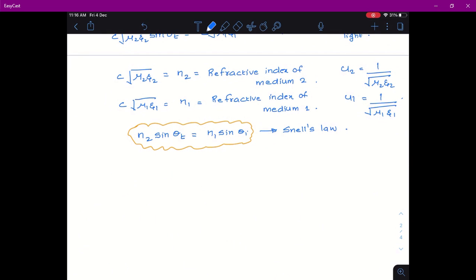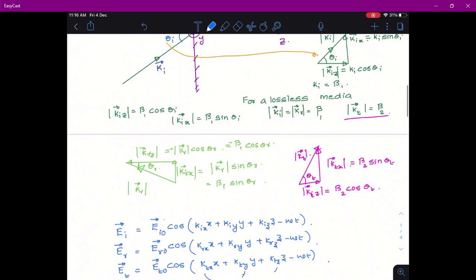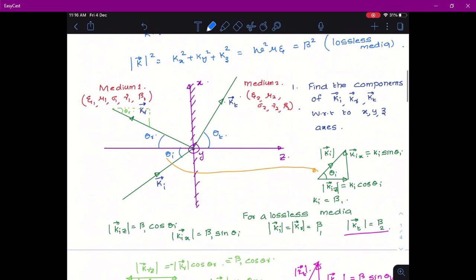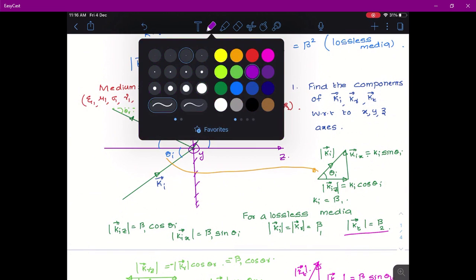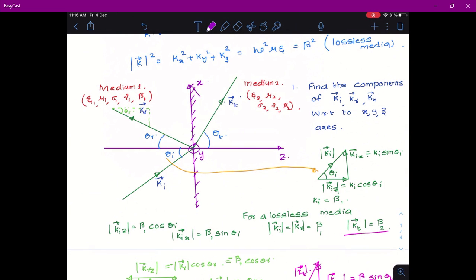Next we are going to see what happens if we have the electric field in one particular direction, for example parallel to the plane. Okay. So here you should also see that the wave is actually incident on the plane like this.